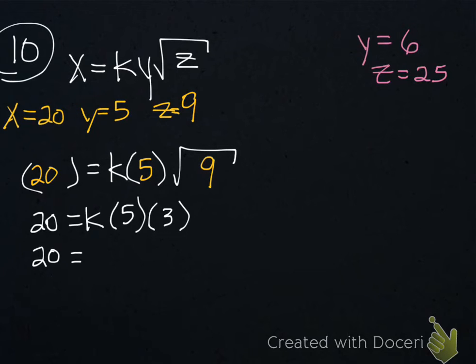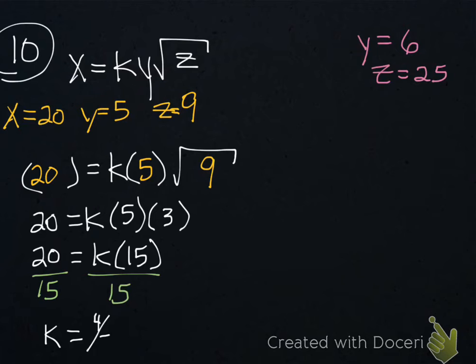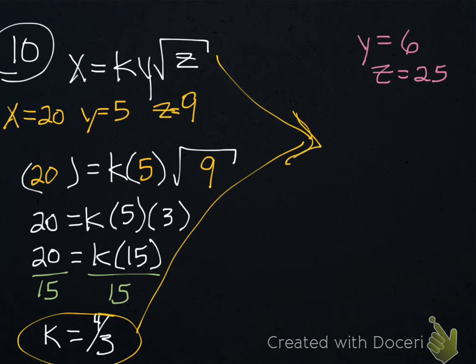So that's 20 equals k times 5 times 3 is 15. Now we got to get k by itself. We're going to divide both sides by the 15. And k equals what? Well, it's not perfect. So we're going to have to reduce the fraction. 20 divided by 15 would be 4 over 3.